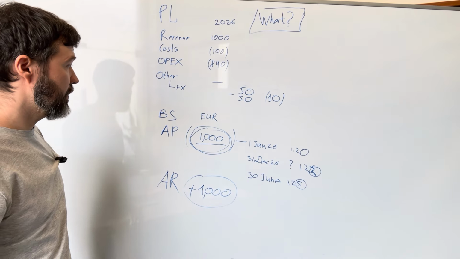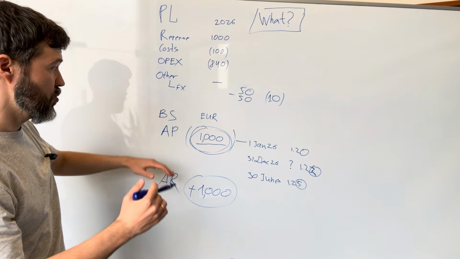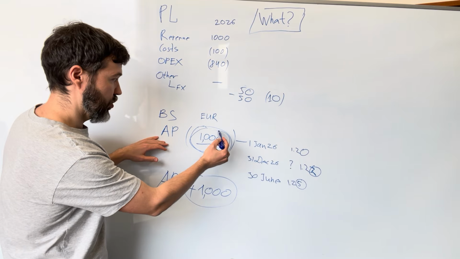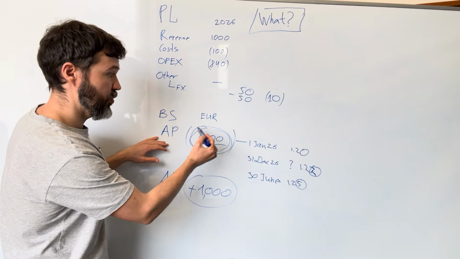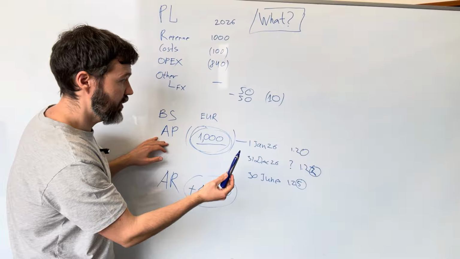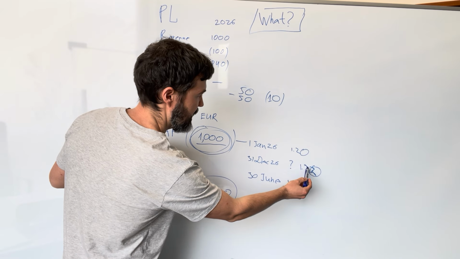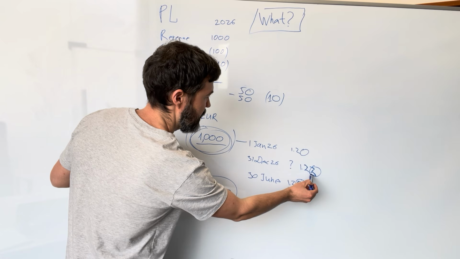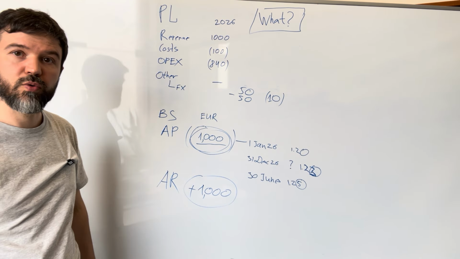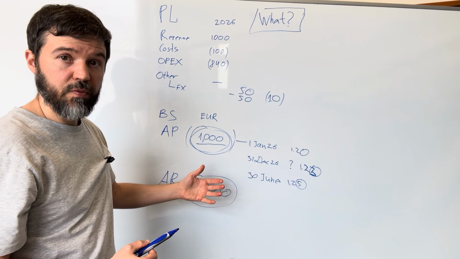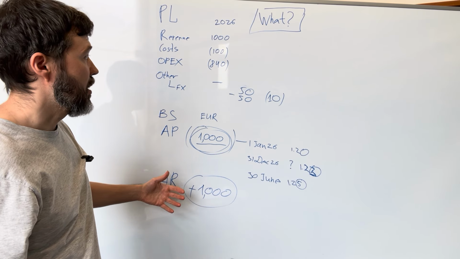But this is the payment for predictability. You are buying a forward contract for €1 billion, and to fix the rate, you have to pay something, and the payment is hidden here in these 2 points, and this is a forward contract. You might also use an option, as we discussed before, but the principle is the same.